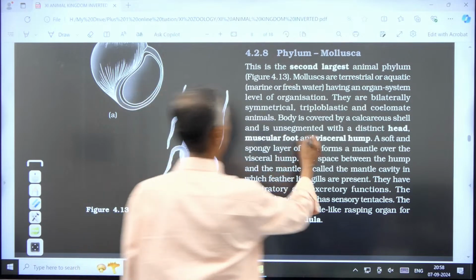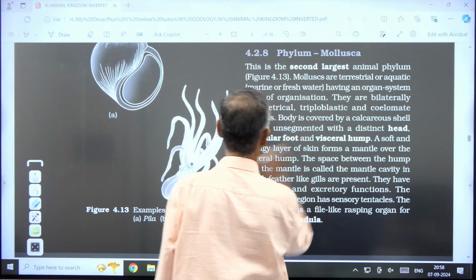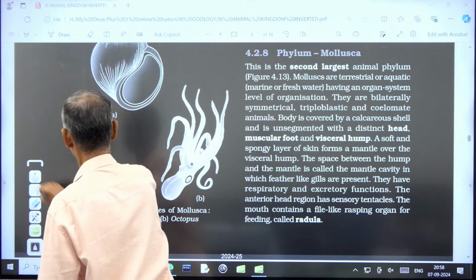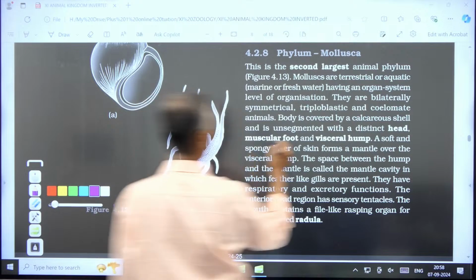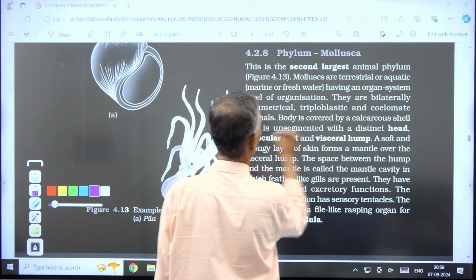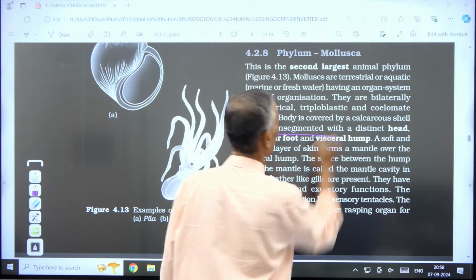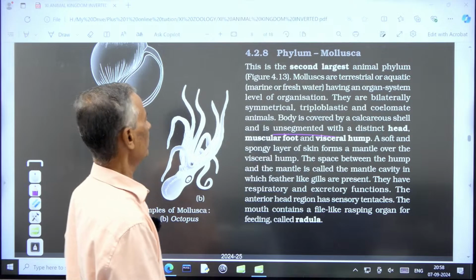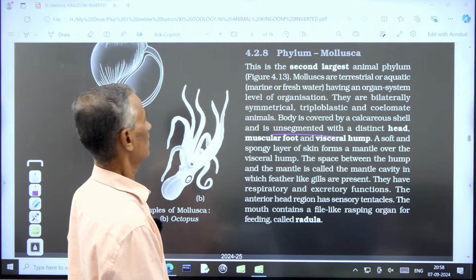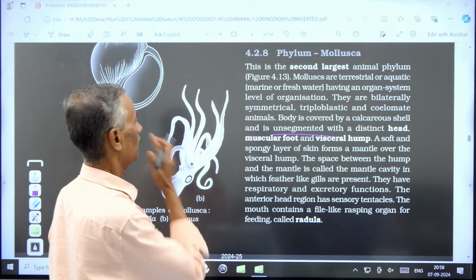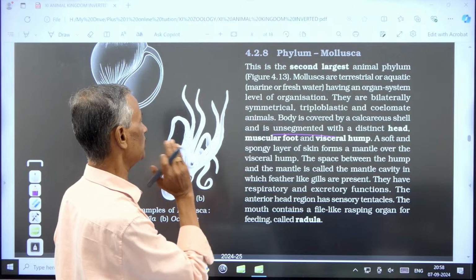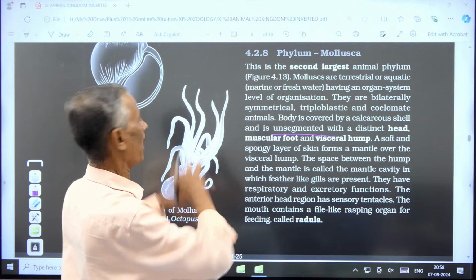Body is covered by a calcareous shell and it is non-segmented. Please underline that part. A head, muscular foot and a visceral hump. The soft and spongy layer of skin forms a mantle or the visceral hump.